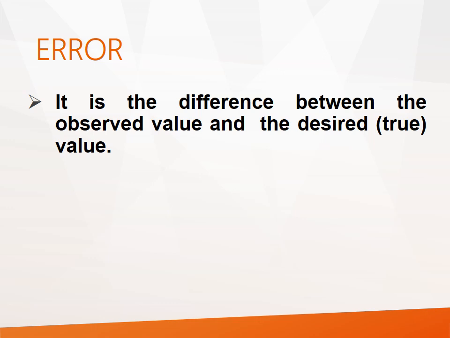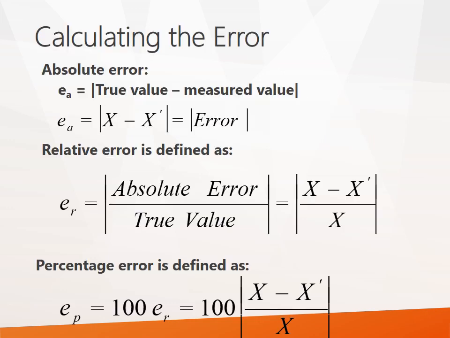The next is error. It is the difference between the observed value and the desired value. So whatever is expected and whatever is observed, that difference is known as error. The absolute error is the difference between the true value and the measured value.